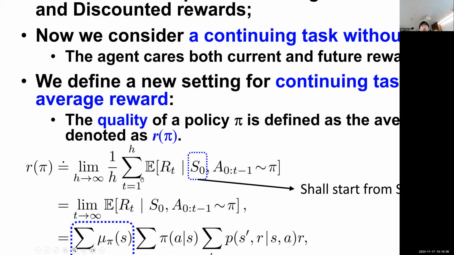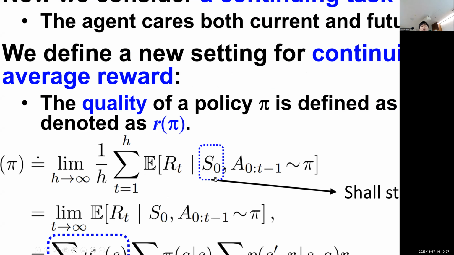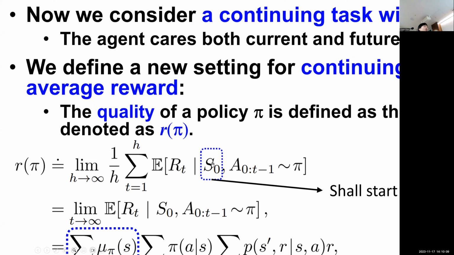So what we do here is that we start from the initial state s0. Then we generate a series of actions based on the policy pi. With this condition, all those rewards will be calculated. Then we sum all the rewards together and get the average.